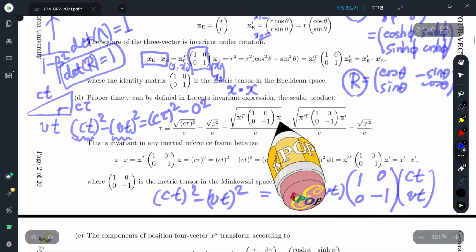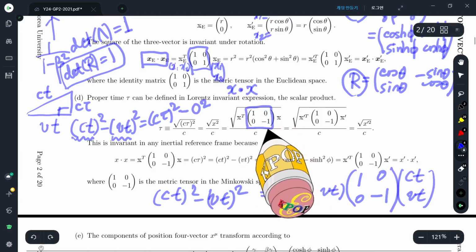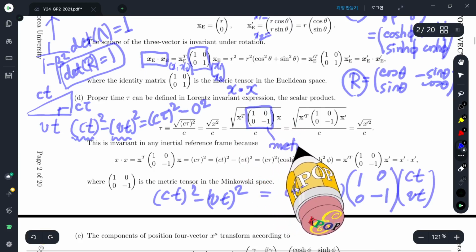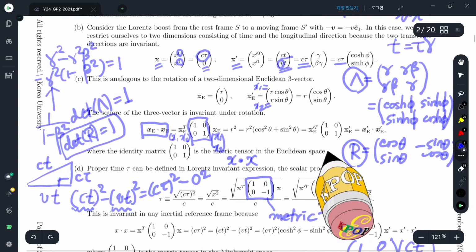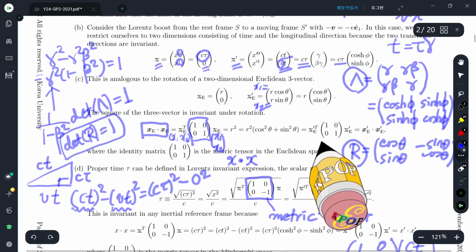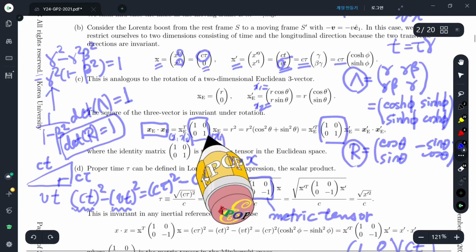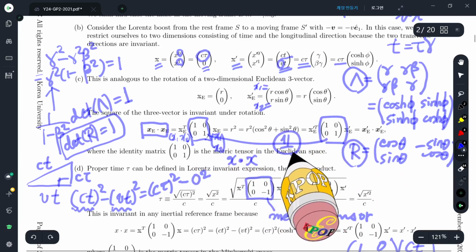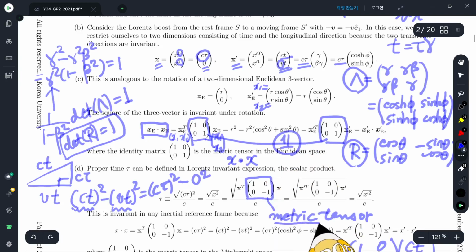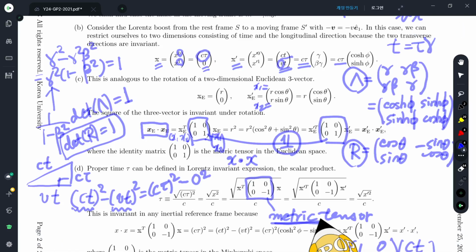So we call this one the metric tensor. The identity matrix is the metric tensor in the Euclidean case. Metric tensor originates from meter, measuring tensor. The definition of distance is closely related to the definition of a scalar product.